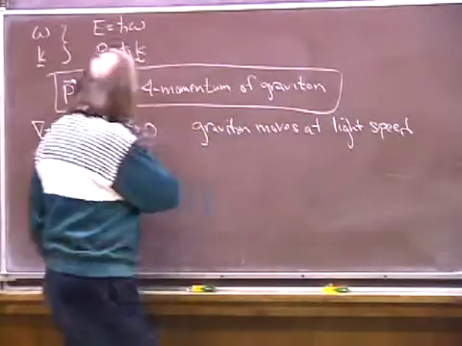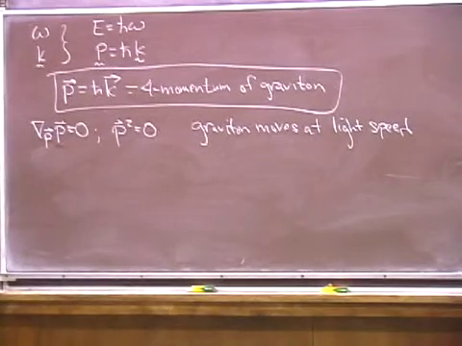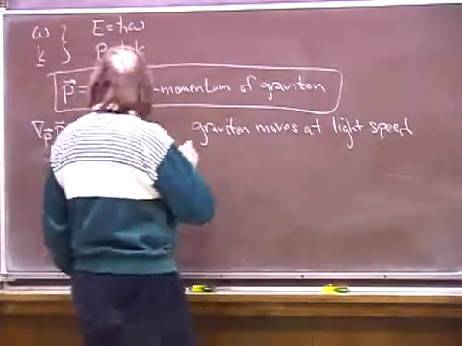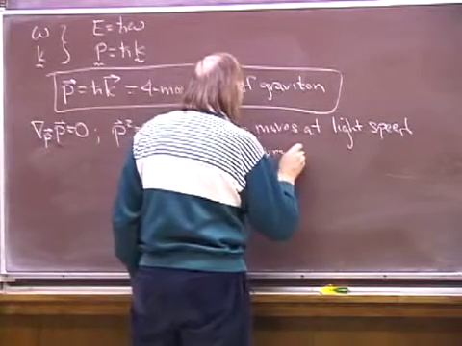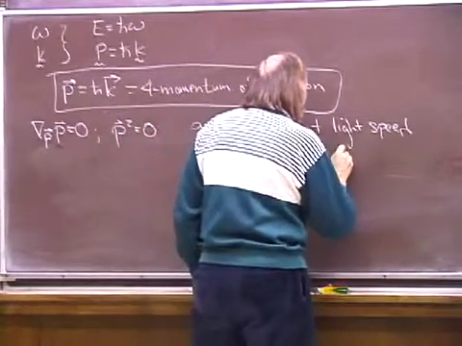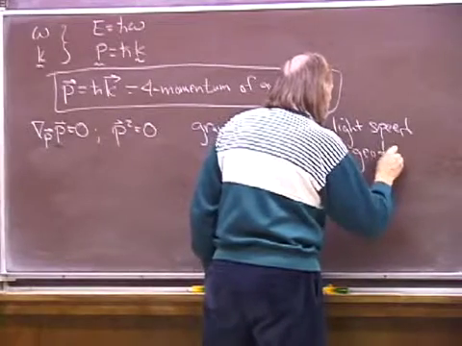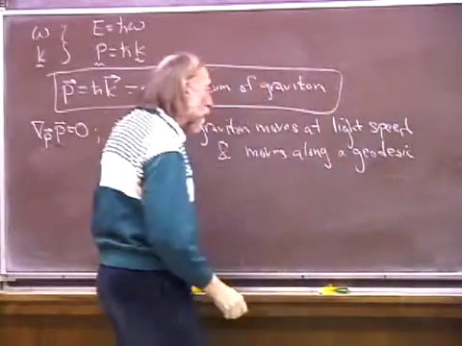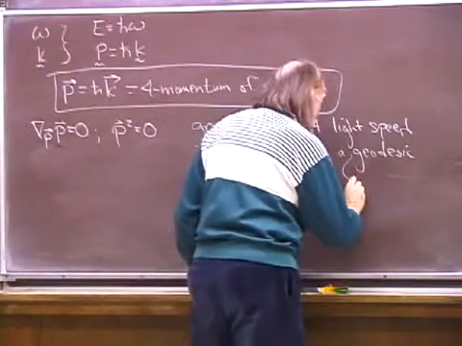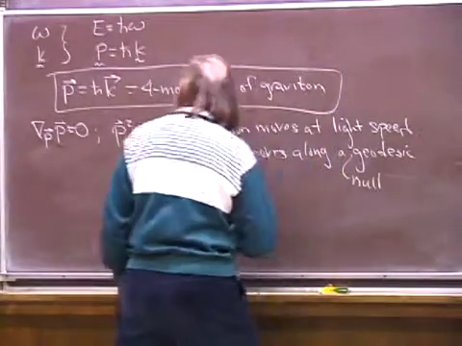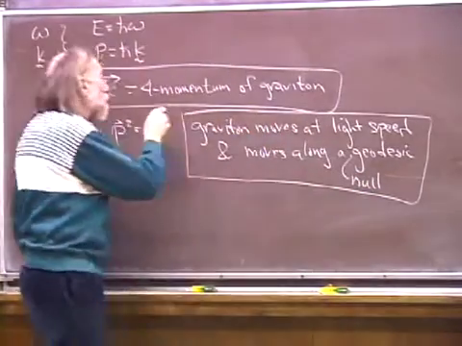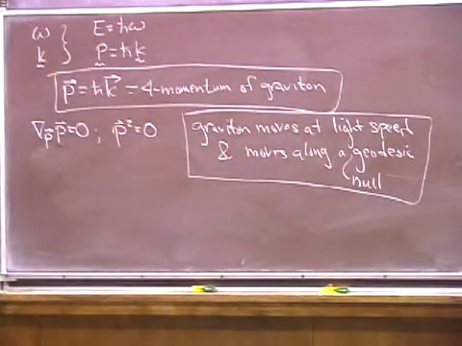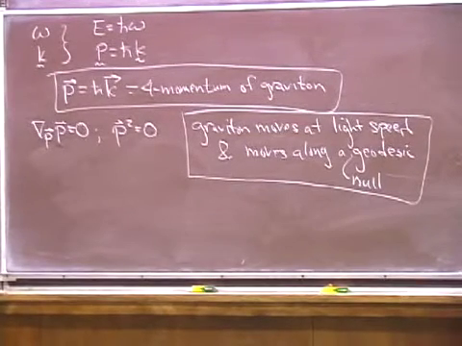Because its 4 momentum is null, just like the 4 momentum of a photon. And it moves along the geodesic, just like a photon. So in other words, it moves along a null geodesic through space-time. And that comes out from just looking at the geometric optics or eikonal approximation for the classical gravitational waves.